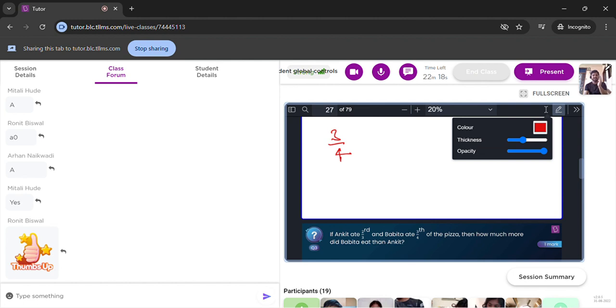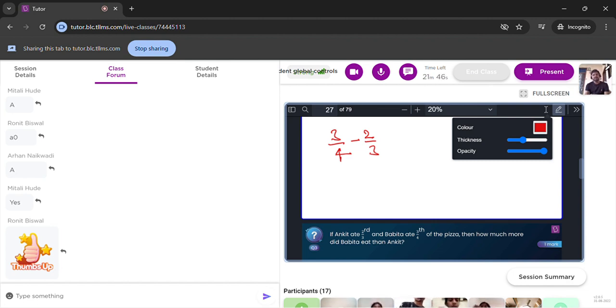So we will take first whatever part Babita has eaten, and then we have to take the additive inverse of whatever part Ankit has eaten. So if he has eaten 2 by 3, we have to write the additive inverse of this 2 by 3. This number is positive, so its additive inverse will be negative. Now we have to do the sum.